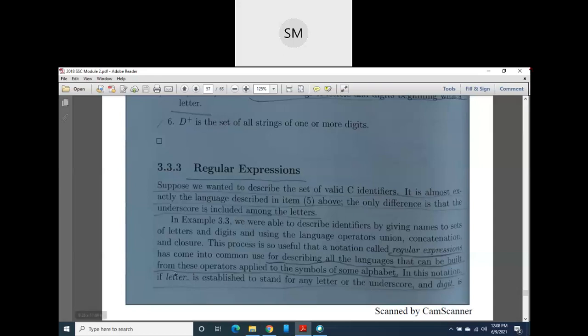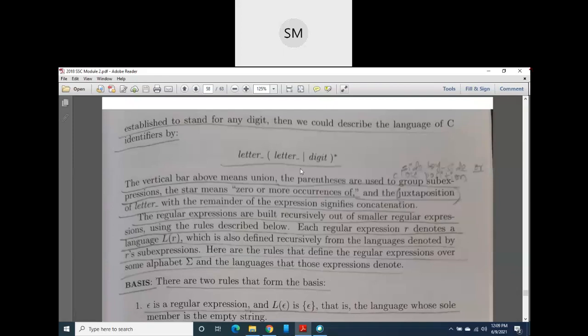Then it will be the proper pattern for our C variables or identifiers. Because of that we can represent our identifier for C with this regular expression: letter underscore followed by 0 or more letters or 0 or more digits.